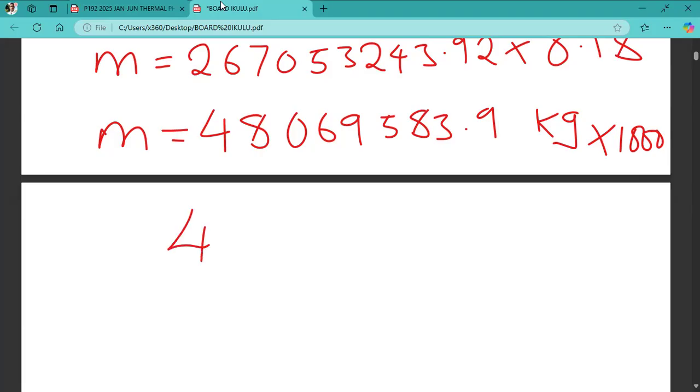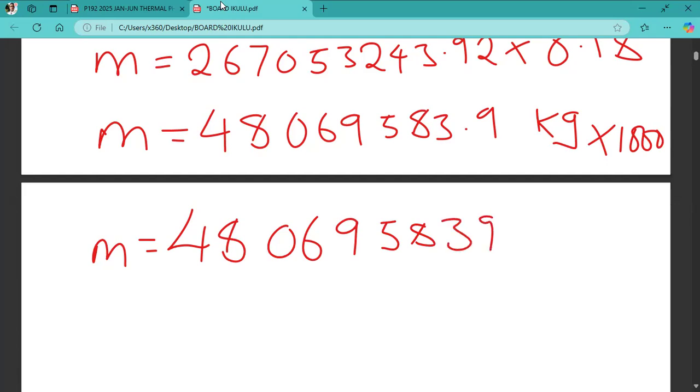Yes, so I'm getting 48 as the mass. So this is the final mass now: 48,069,583,396.4 grams.